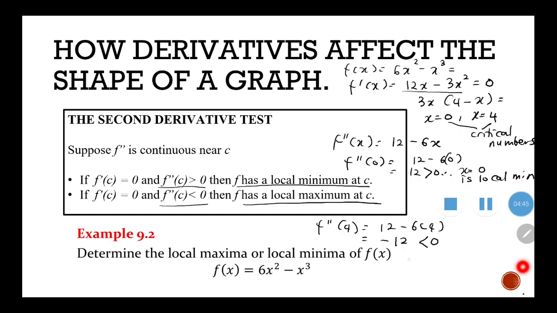If less than 0, so x equal to 4 is a local maximum. Okay, so now we have determined whether x equal to 0 or x equal to 4 is a local minimum or local maximum.